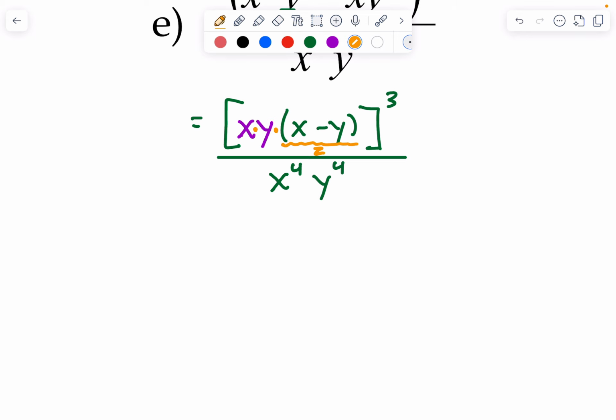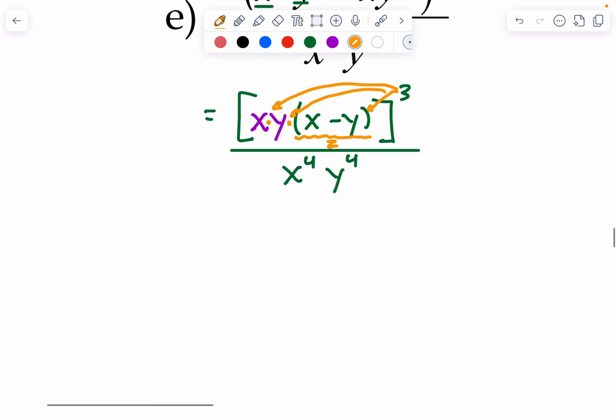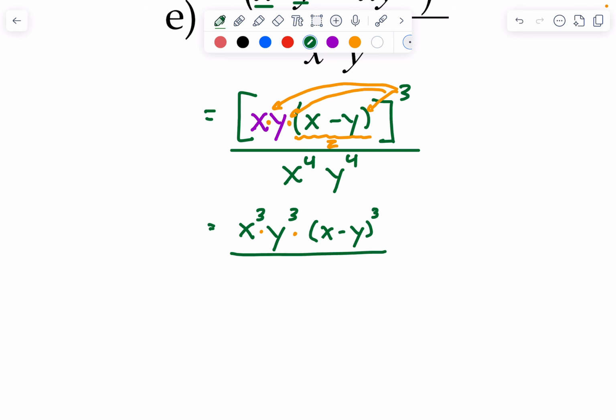So if that's the case, we can take this 3 and distribute it to that x, this y right here, and this bracket. So that numerator will now become x cubed, y cubed, again, multiplying between them. And that bracket is x minus y cubed. So that's what your numerator became.